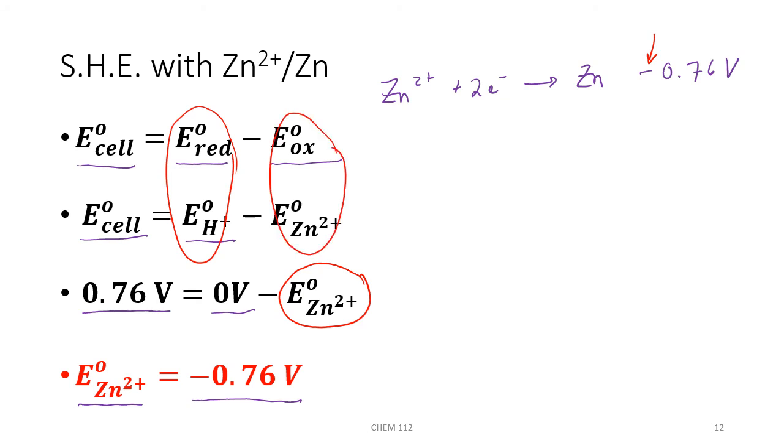So you'll see a mixture for standard reduction potentials of positive values and negative values. And really all that sign tells you is if that substance is going to be oxidized or reduced with respect to the standard hydrogen electrode. If it's a negative value, that substance gets oxidized. If it's a positive value, that substance will get reduced when compared with the S.H.E.